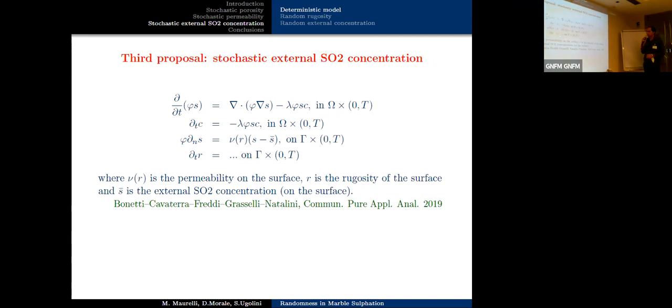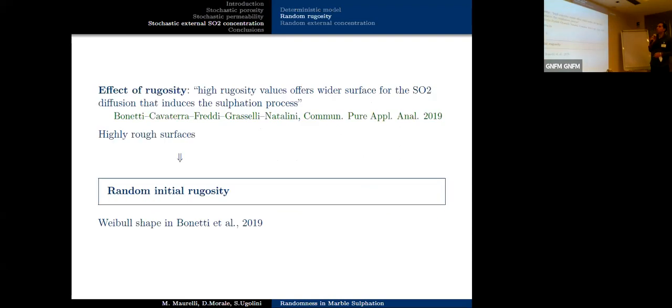Okay, so in this way, we can introduce the external SO2 concentration and also the rugosity. The effect of rugosity was already explained, but let me just briefly recall: a high rugosity value offers a wider surface for the SO2 to diffuse inside the material.